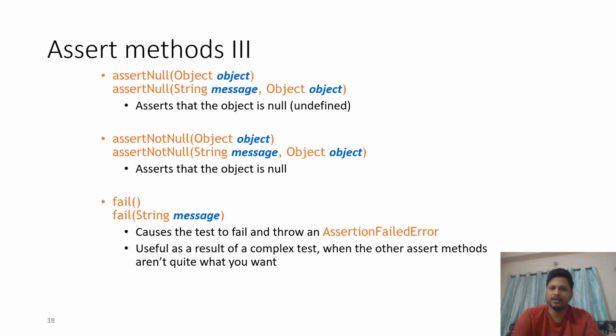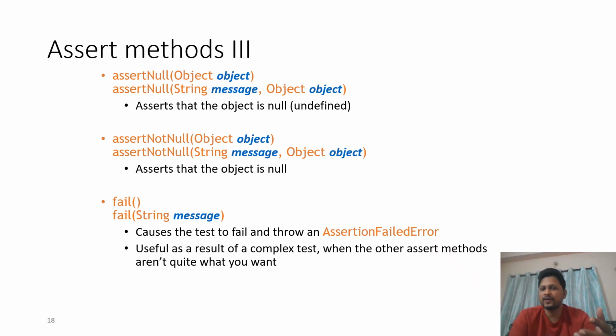Similarly, we also have assertNotNull, which is quite the opposite of assertNull, where we check whether the object is null or not. If it is not null, we will return true. In assertNull, we check whether the object is null, and if it is null, we return true. If it is not null, in the assertNotNull case, it will return true.